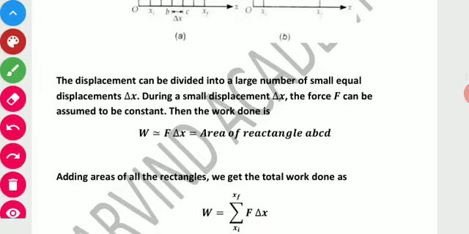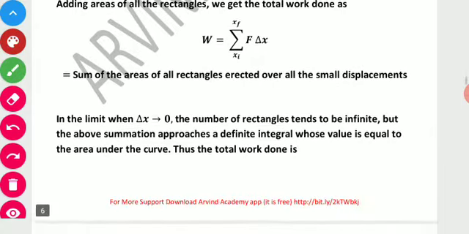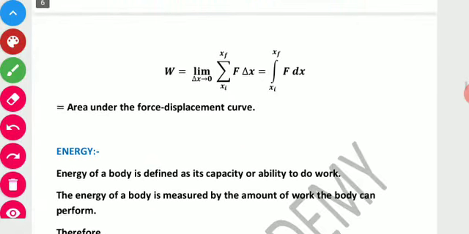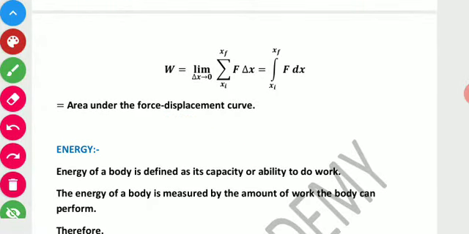Here we will use this formula: work done is equal to F delta x, where delta x is the small displacement, and we can use calculus. Here we have the formula integral of F dx, where dx is the small displacement and the limits are from xi to xf.